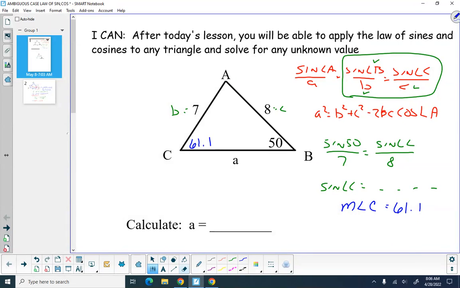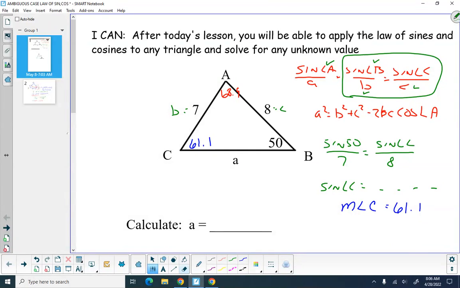How'd you get that? I know the measure of these angles have to add up to 180 degrees. So I can take 61.1 plus 50, then subtract that from 180. And what that gives me is angle A.